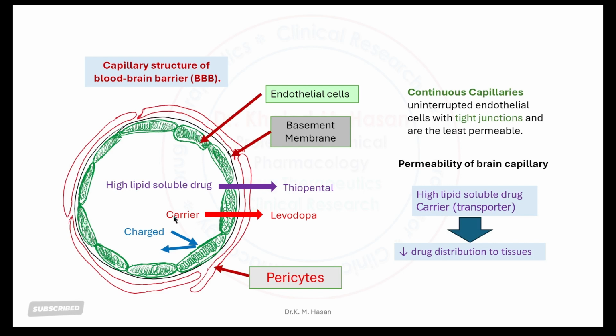Another transport system is active transport. We have levodopa. Levodopa requires carrier-mediated active transport to leave the blood circulation to the brain through the endothelial cells. So we have two main mechanisms: high lipid solubility, example thiopental, or active transport, levodopa. But if the medication is charged, this medication will not be able to cross the blood-brain barrier.